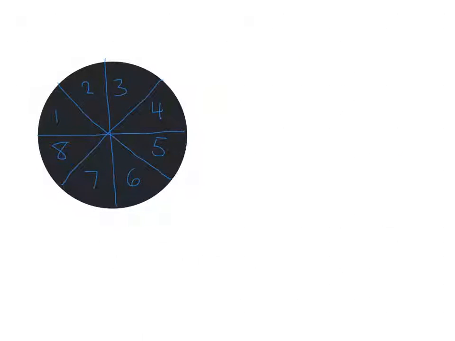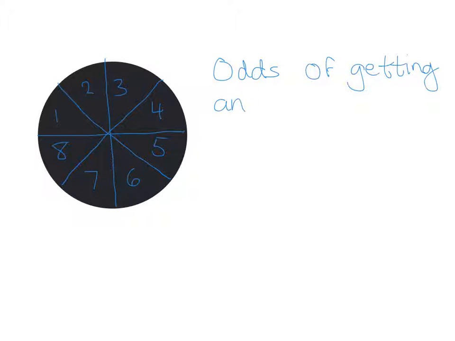Let's look at a couple more examples with odds. If I had a spinner that I could spin a number and it would land on 1, 2, 3, 4, 5, 6, 7, or 8, and I wanted to find out what the odds were of getting an odd number, then what I would do is I would count the number of odd numbers on the spinner, and that would be 4.